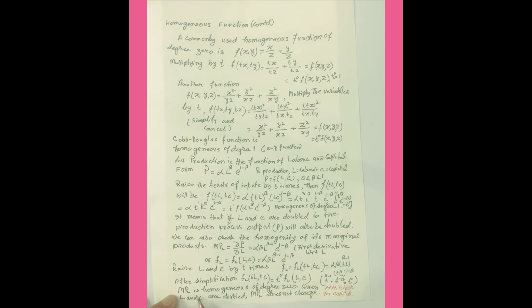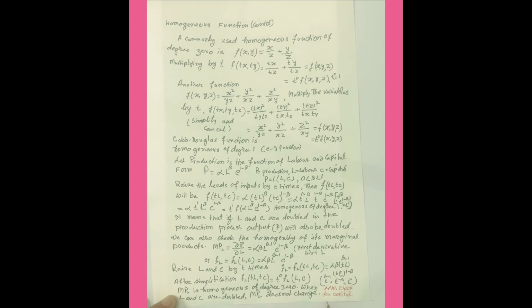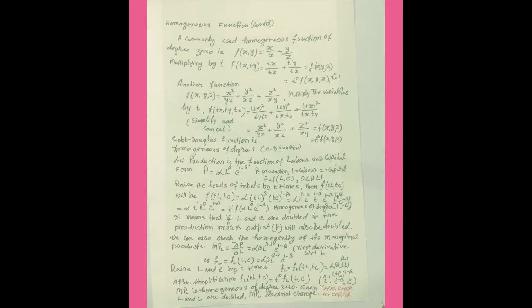This ML, the marginal product with respect to labor, is homogeneous of degree 0. When L and C are doubled, ML does not change. Similarly we can check the homogeneity of the marginal product with respect to capital. It will also be degree 0. I have kept this for homework.